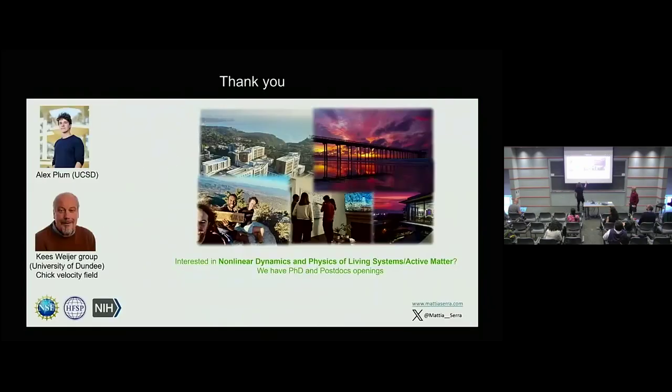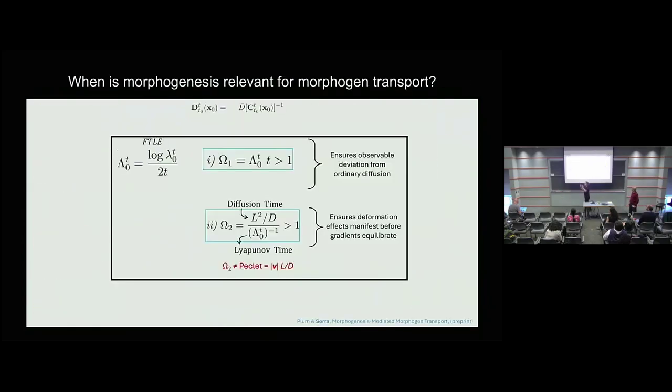Let me see. If you have just uniform flow, the Peclet number would be non-zero. But here the time scale is basically the Lyapunov time, because what matters is really relative separation.